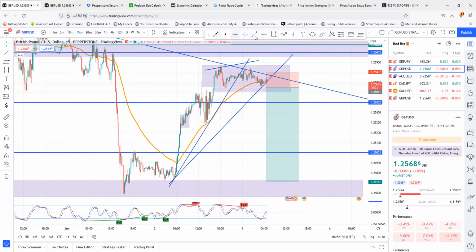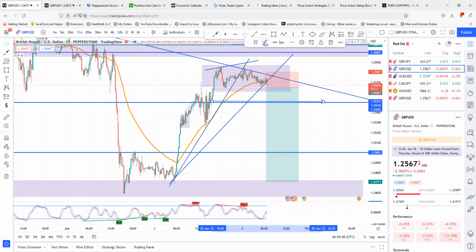So let me show you what I'm saying. First take profit, this is the zone. We have 5 minutes on this candle. And then the second take profit will be on the zone.